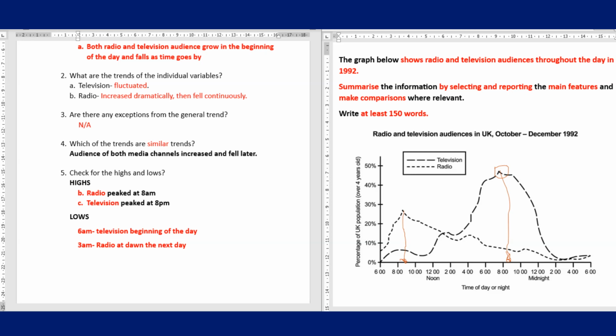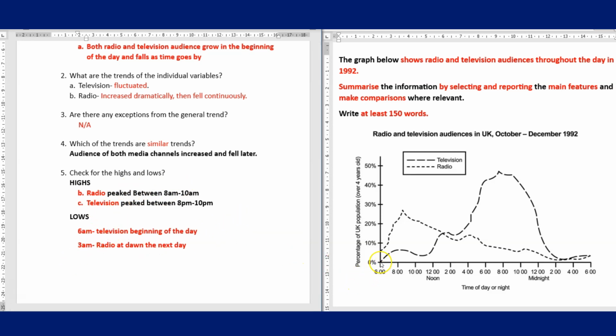So generally, this is what we understand from this particular question, because the highest audience for the television is in the evening, which is between 8 to 10, and that of the radio is between 8 in the morning and 10 o'clock in the morning. So generally, we understand that a lot of people listen to the radio in the morning and watch television in the evening. Now let's look at their lowest points.